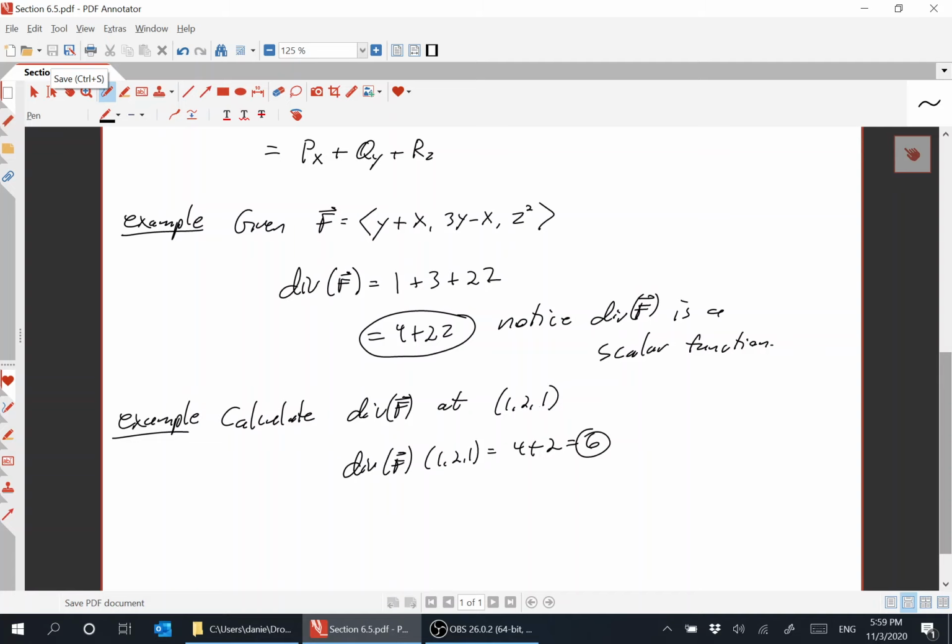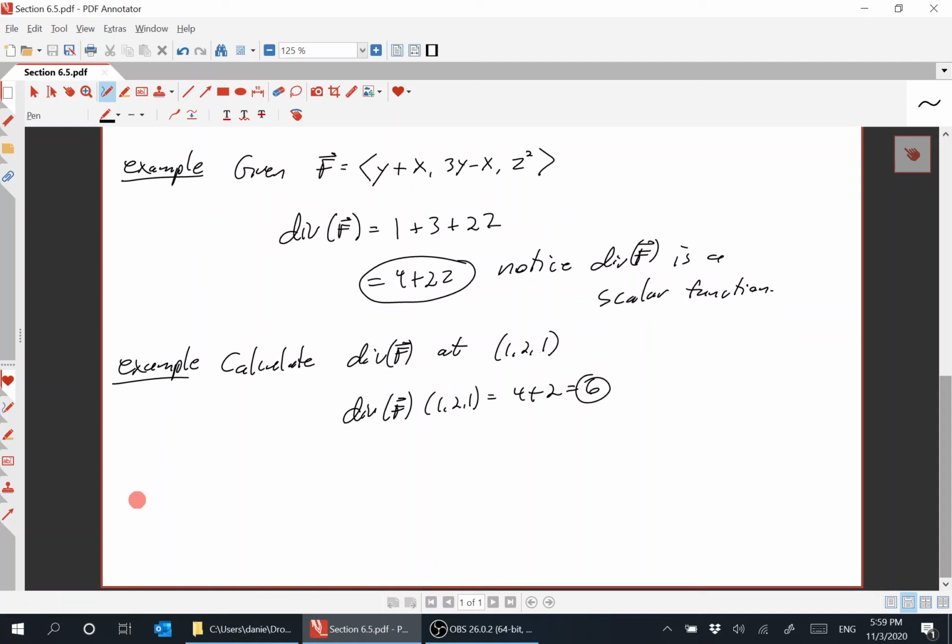Its meaning is in the divergence theorem. So the meaning of the divergence of vector field F will be revealed in section 6.8 on the divergence theorem.